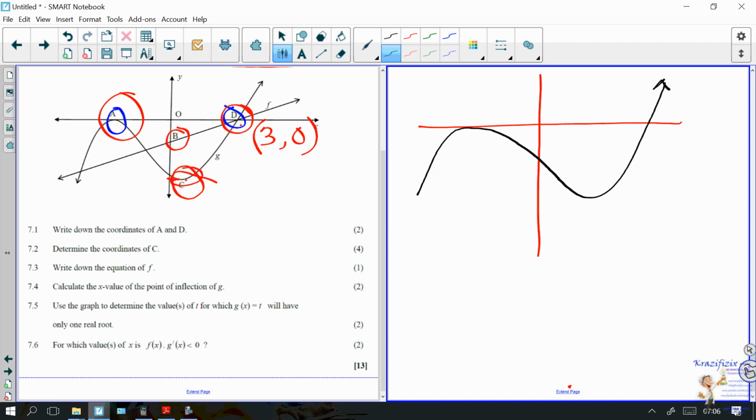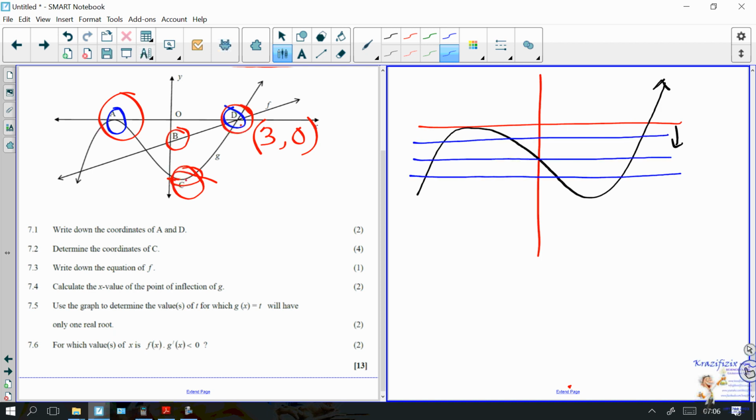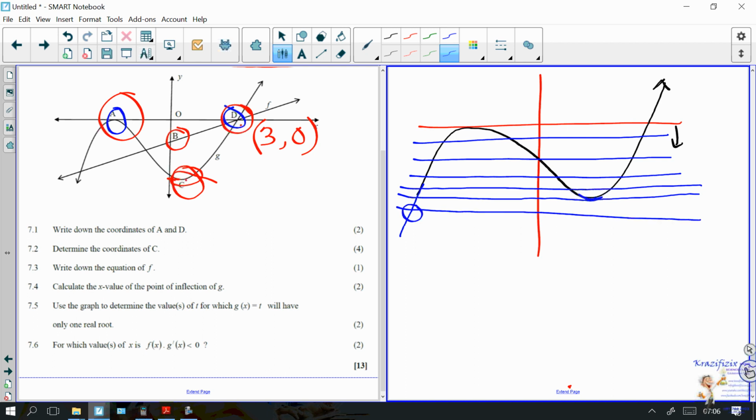Now if you bring this line down, look at my x-axis. I'm having 3 distinct roots there, until it gets to the turning point. Anywhere below the turning point, this graph would cut once. One root, one real root.